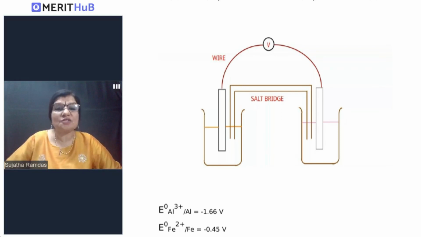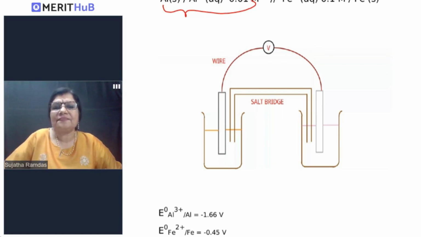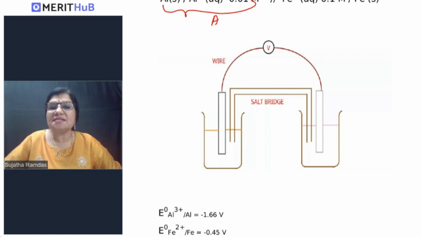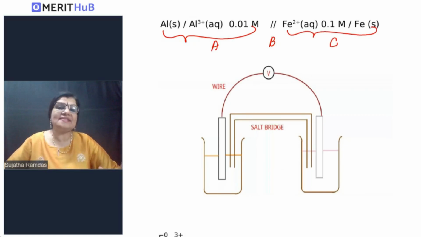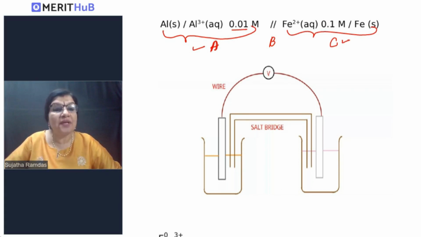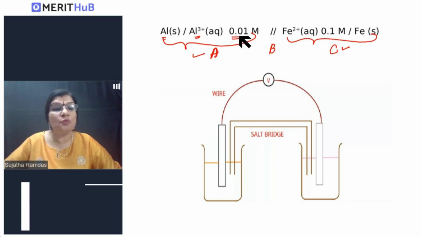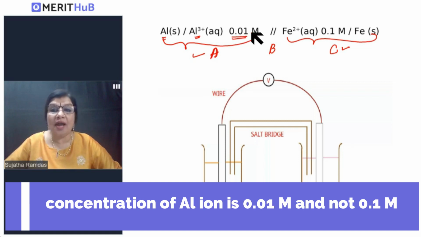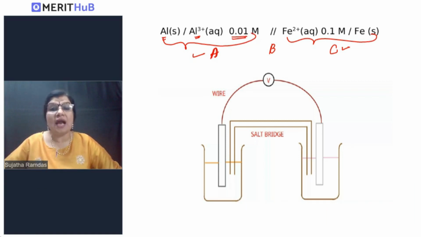Now, the best way to represent a galvanic cell is by this format. This is the anode, this is the salt bridge, and this is the cathode. But you notice that the aluminum rod is dipped in aluminum ion solution, and the concentration of aluminum ion is 0.1 molar and the concentration of the Fe2 plus ion is different.